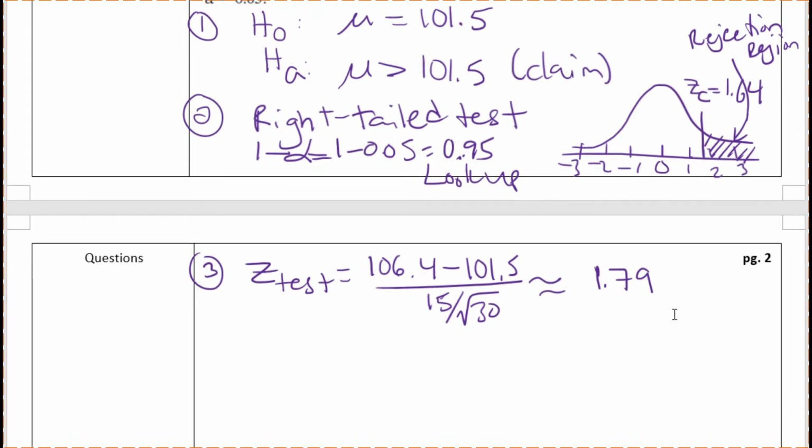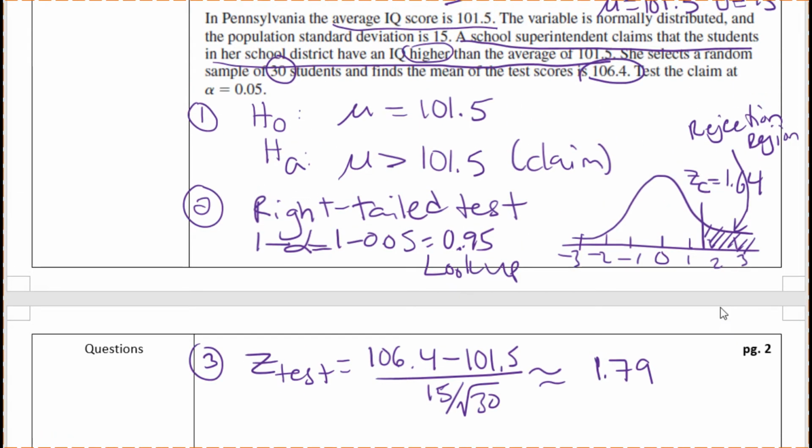So what we're going to do is label the z-score on the graph here. I'm going to label it in a different color, right here. So this is 1.79, then we can tell that it is strictly in the rejection region, which means we reject the null hypothesis.